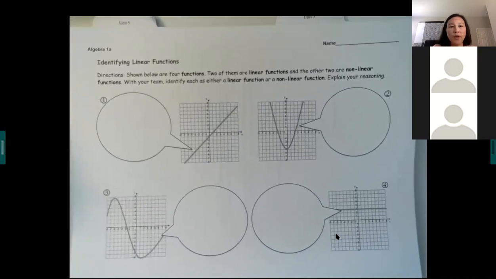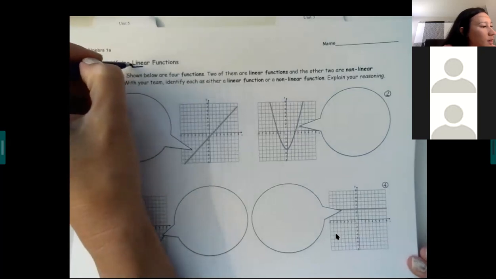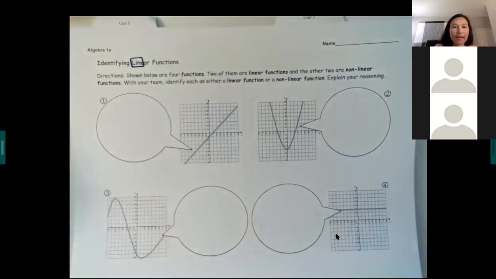Okay, so if you'll notice, there's a word inside linear functions, and that's line. So a linear function is a straight line. If it is a straight line, it is a linear function. If it's not a straight line, it is not a linear function.